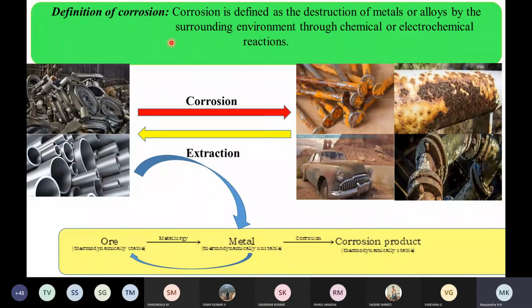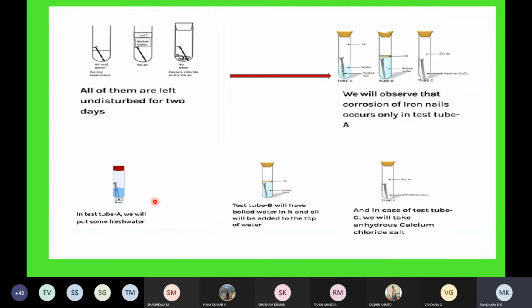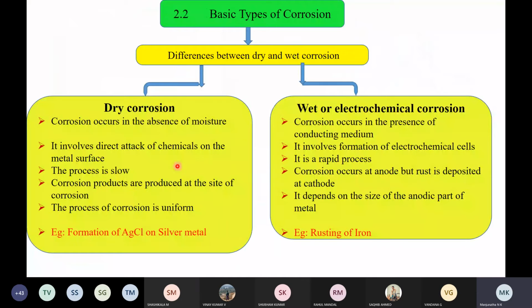Generally the corrosion of a metal takes place either through chemical reaction or through electrochemical reaction. On the basis of the corrosion observed, corrosion is classified into two types: dry corrosion and wet corrosion.